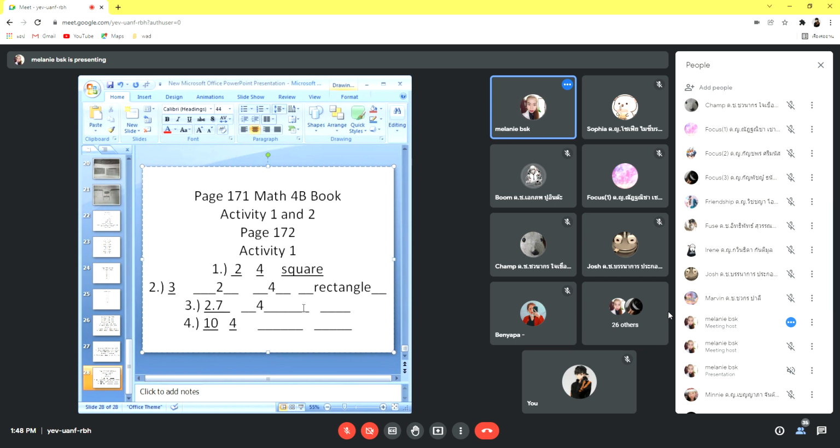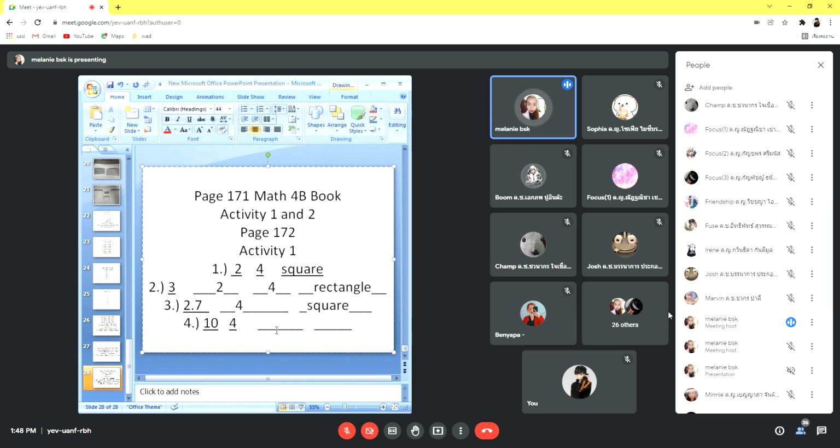Very good. And number 3 is a square or rectangle? It's a square.